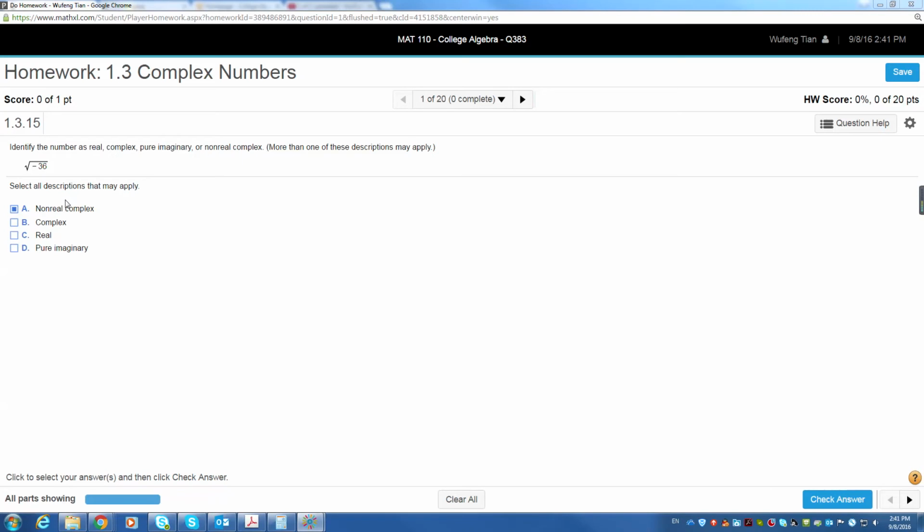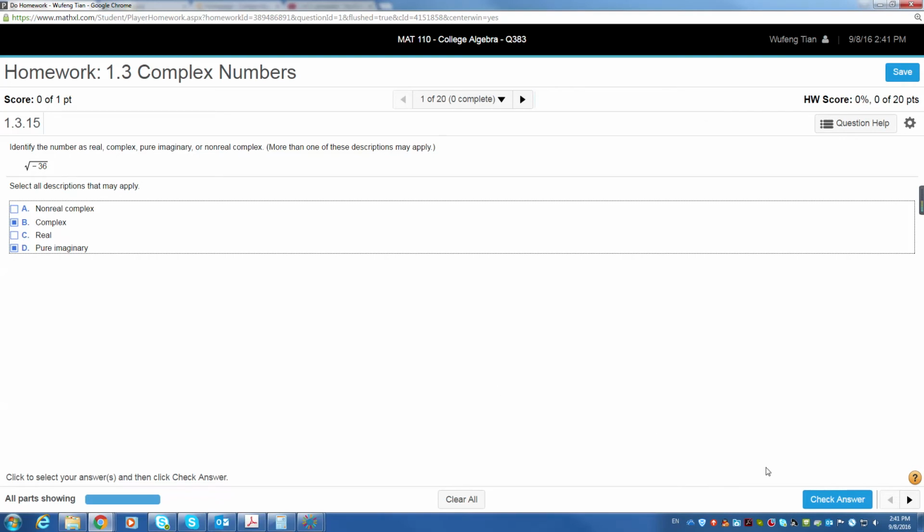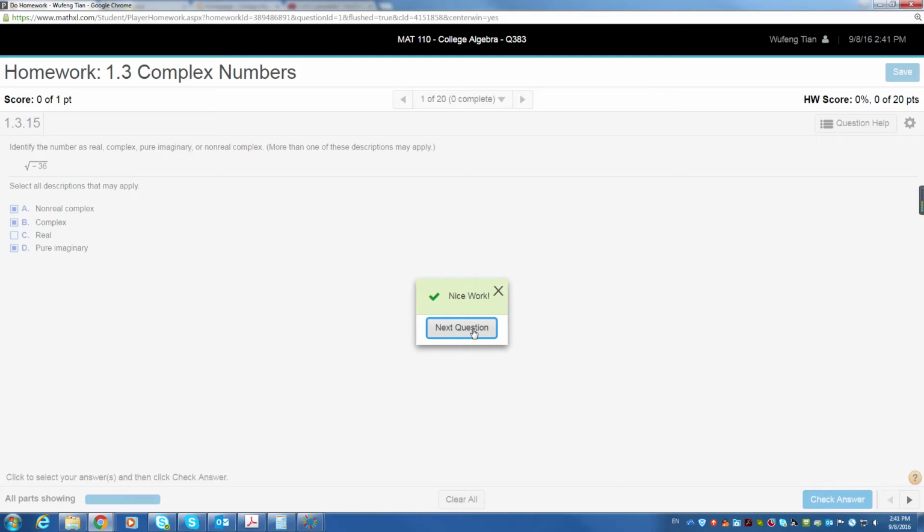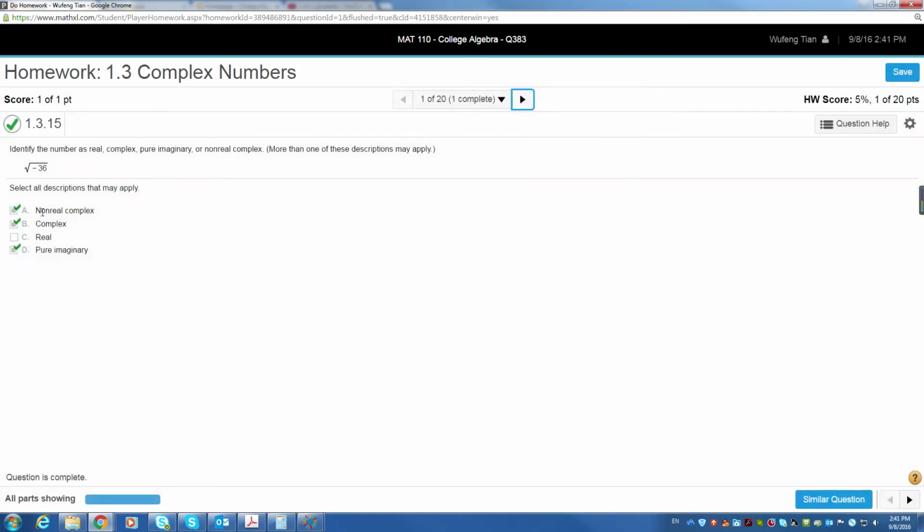It is a complex number, not a real number, a pure imaginary number, because this equals 6i. Non-real complex number, we don't really use this a lot.